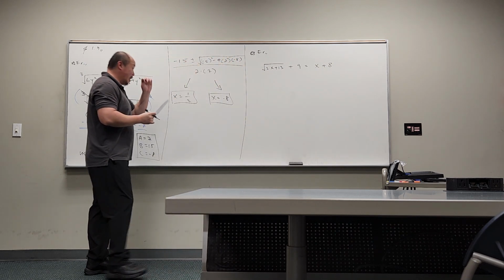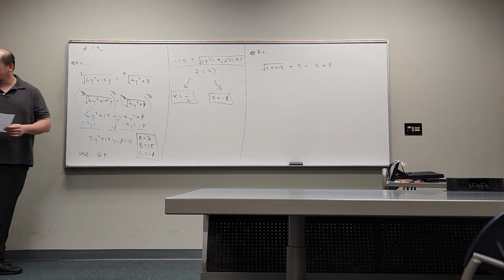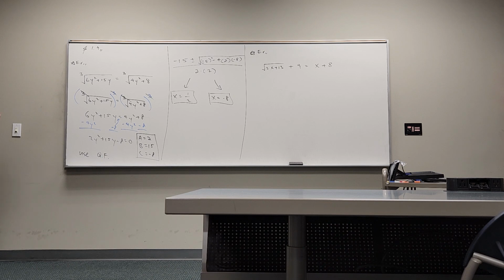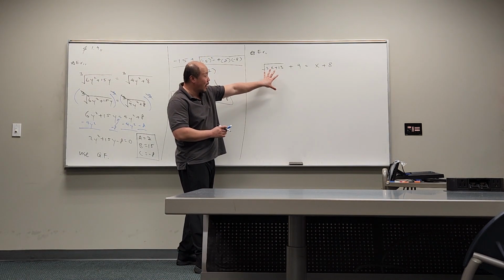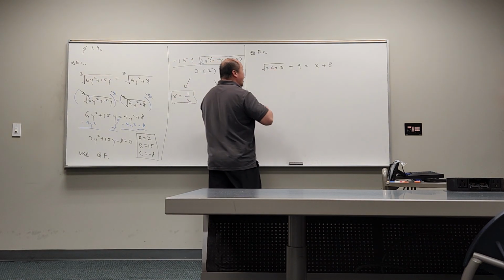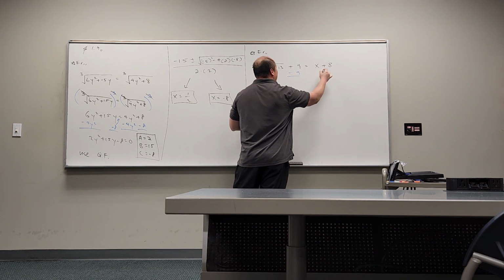This guy's gonna be a little bit crazy because I have a radical on the left, but I got some stuff that's stuck in the middle, right? At +9. My first order of business is I want my radical to be by itself. So bring the 9 to the other side, -9.